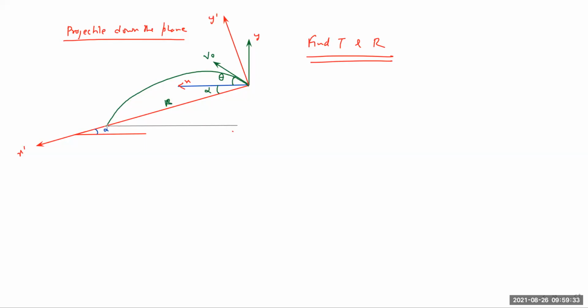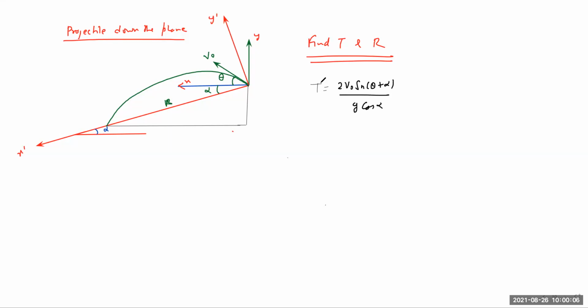So you got the range? Okay, do this. Sir, I mean time of flight. So what is your time of flight? Sir, it's 2 v naught sine alpha plus theta by g, sorry, g cos alpha.